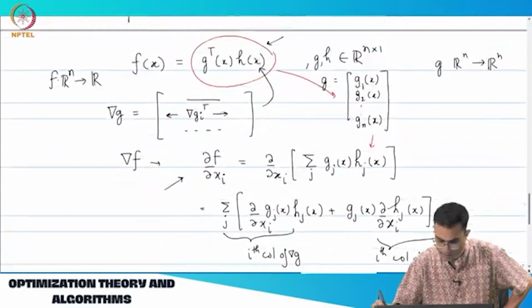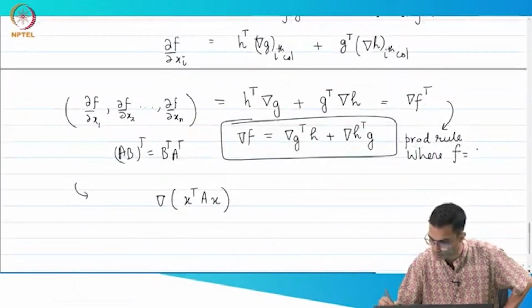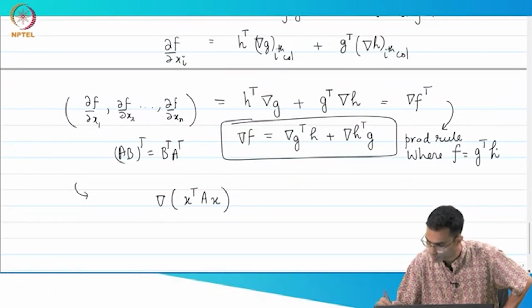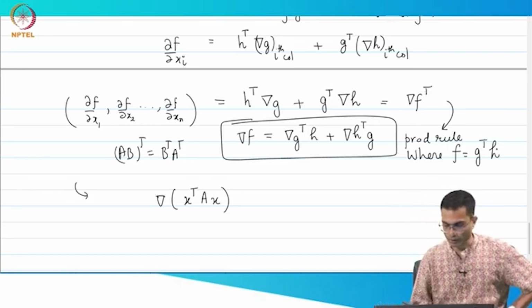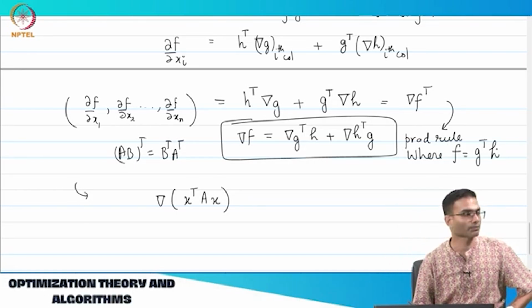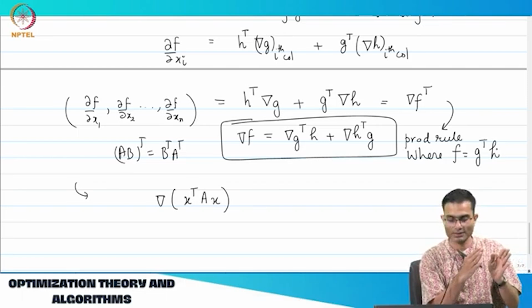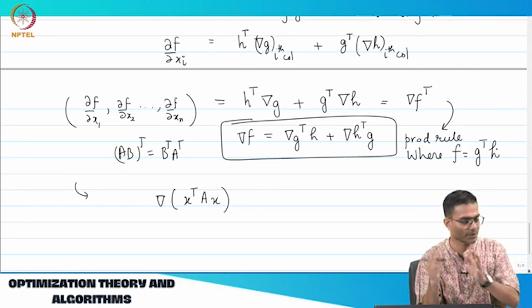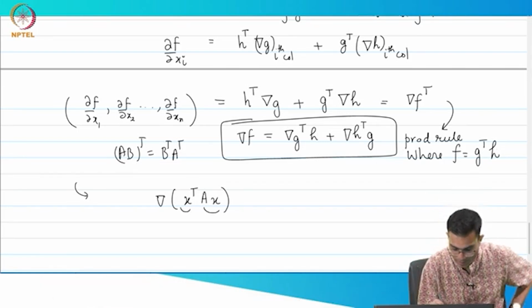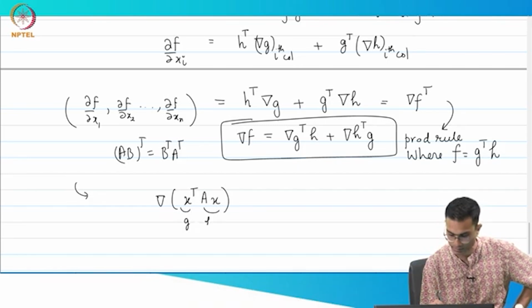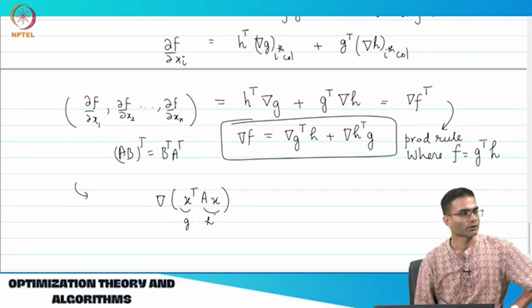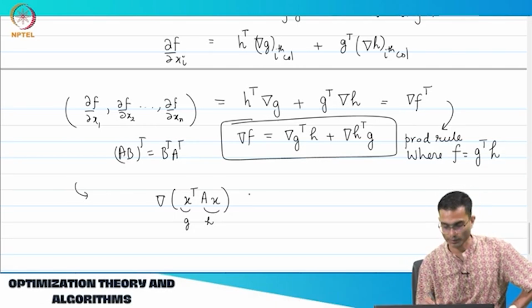And let's just remind ourselves that f was G transpose H. That was what the product rule was. So what can we very simply do? I need to just identify this as something transpose multiplied by something. So the easiest thing is this can, for example, be my G, this can be my H. Now if I write it like this, you have the formula there in front of you.